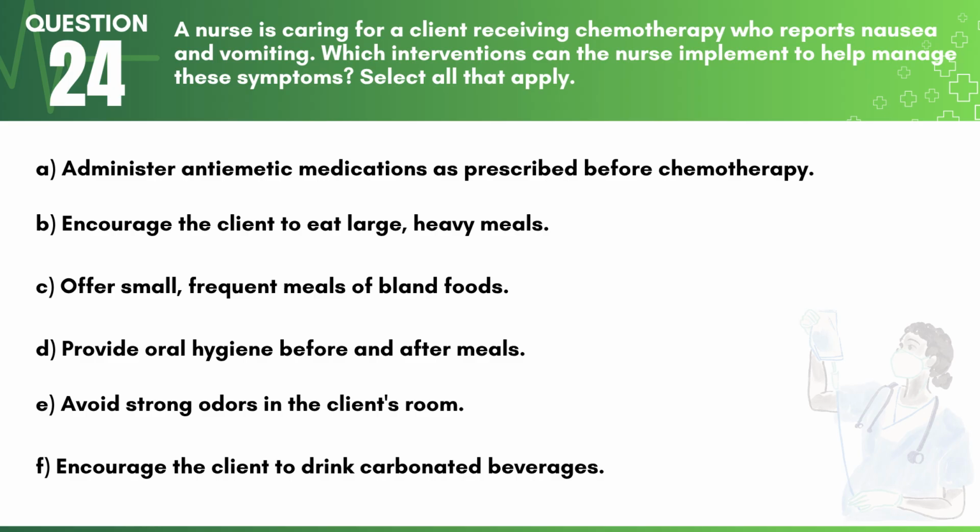B. Encourage the client to eat large, heavy meals. C. Offer small, frequent meals of bland foods. D. Provide oral hygiene before and after meals. E. Avoid strong odors in the client's room. F. Encourage the client to drink carbonated beverages.